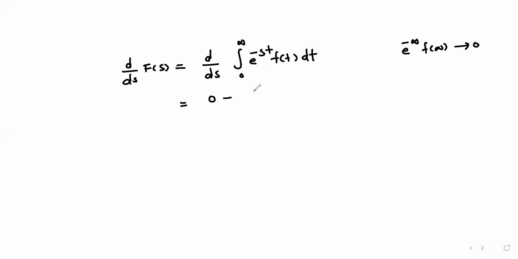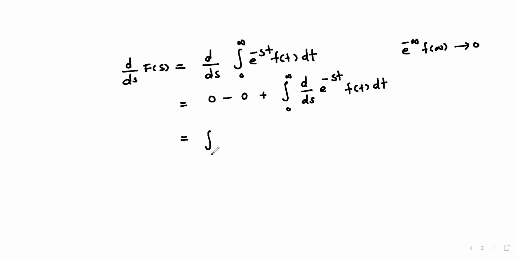Minus the lower limit, e raised to power minus 0 times f of 0, and the derivative of the lower limit 0 is also 0. Plus the integral from 0 to infinity of d by ds of e raised to power minus s t, f of t, dt.